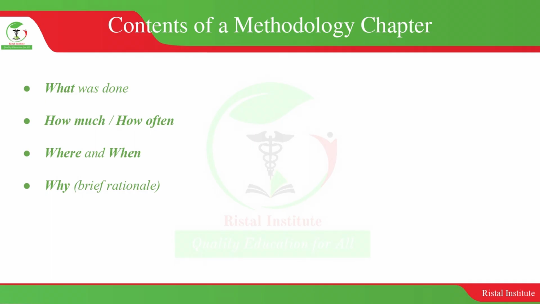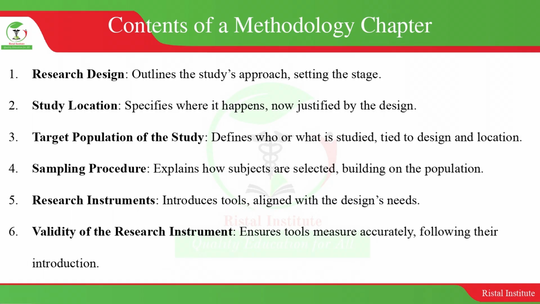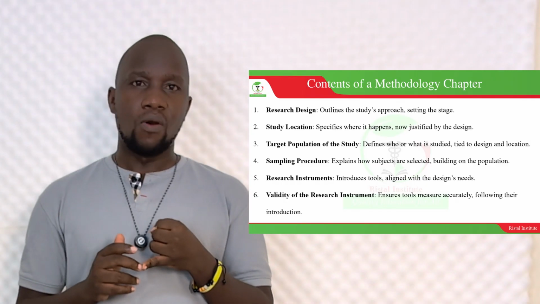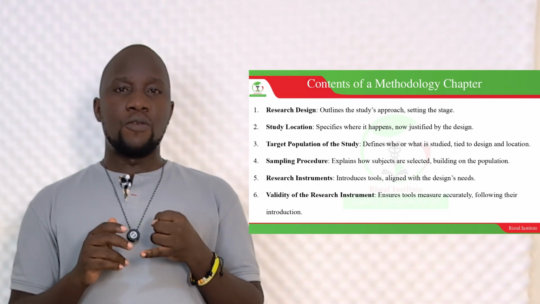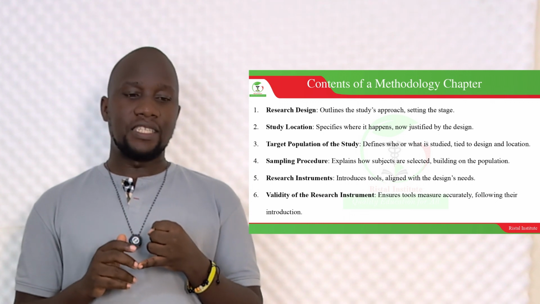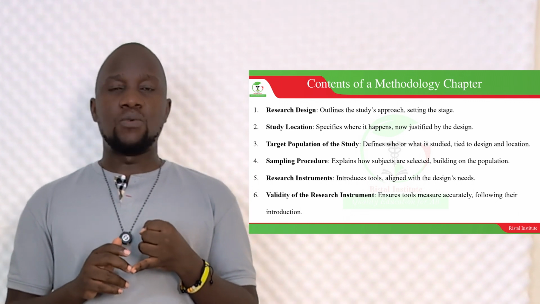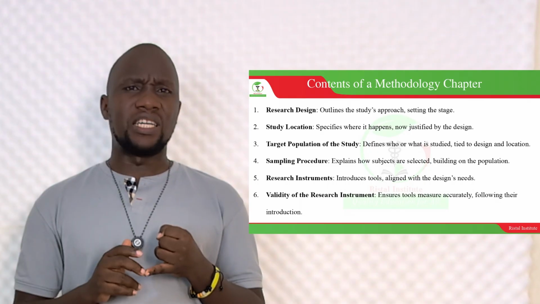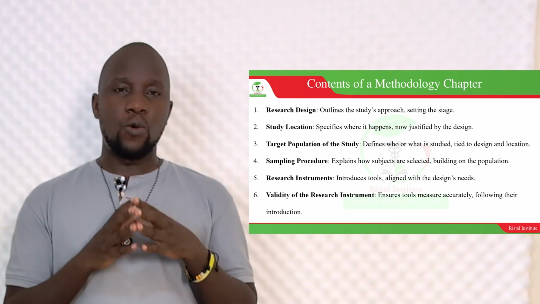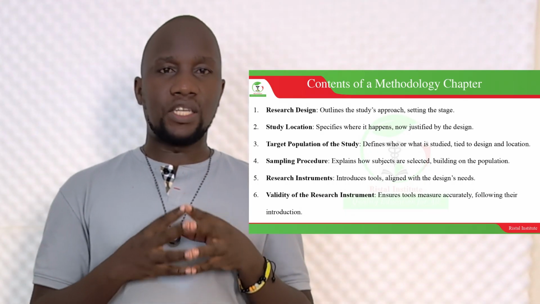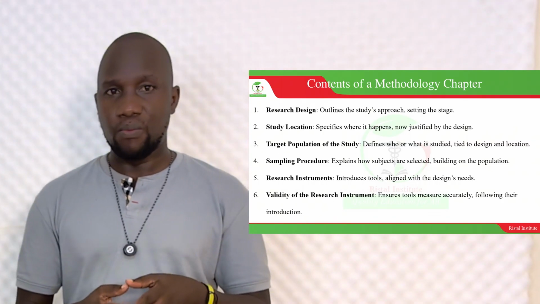So now let us be more technical. You need to have the research design. That is usually the first thing that you need to tell us. You need to start with the research design. Don't start with the research location or target population. When we start with those things, it means that your work is not actually logical.